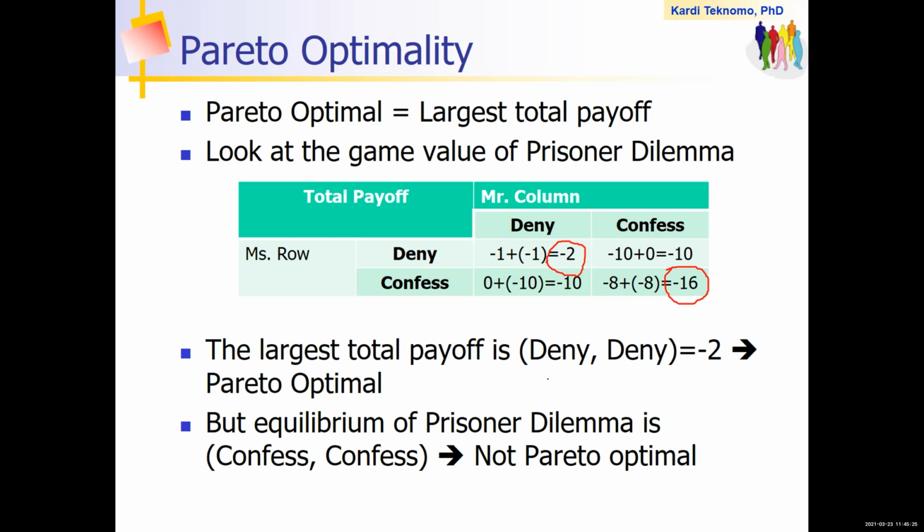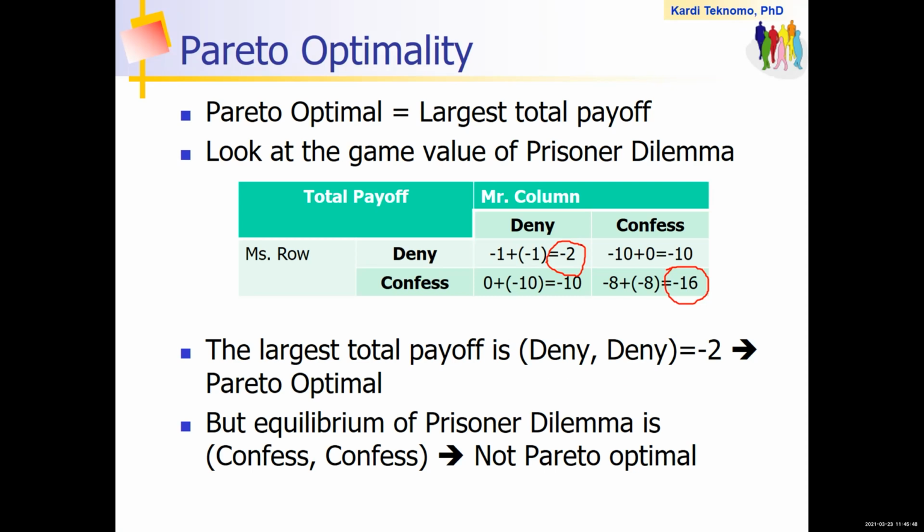For the system to win, you need to choose deny. But in reality, if you play this prisoner's dilemma game many times, you will have confess as your equilibrium, which is not Pareto optimal.